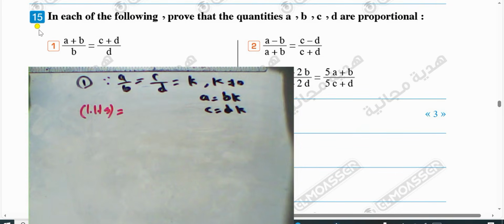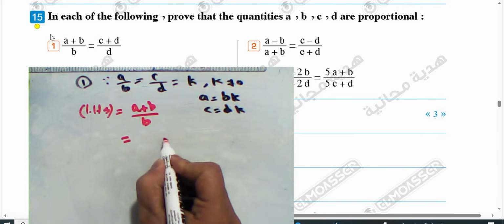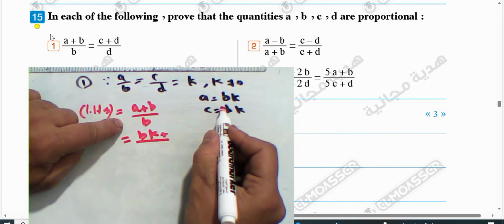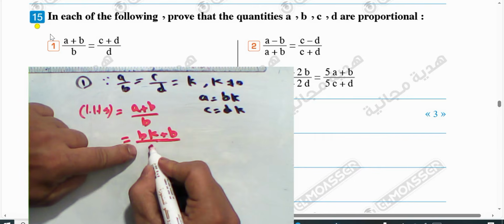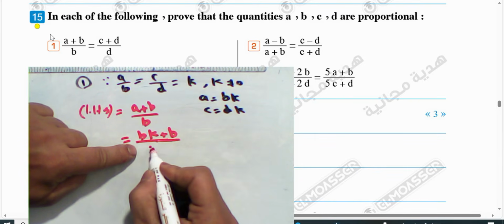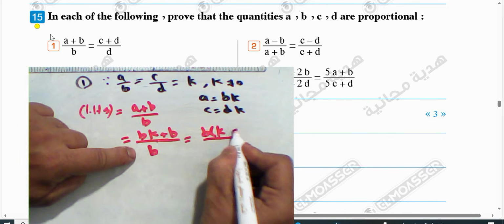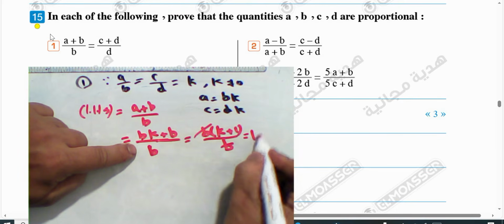Left hand side here is a plus b over b, equals bk plus b over b. You can take b as a common factor, so it will be k plus 1 over b divided by b, and the result will be k plus 1.